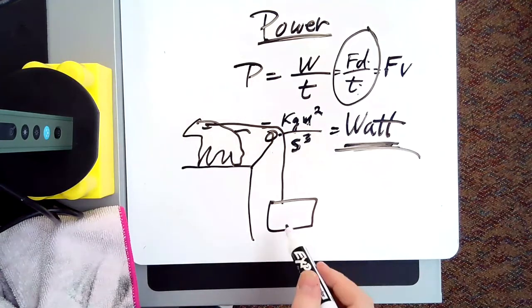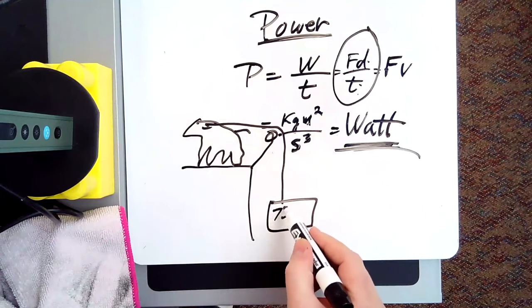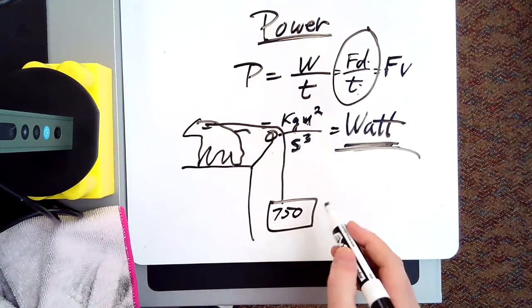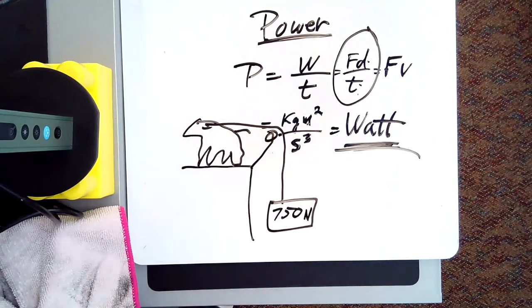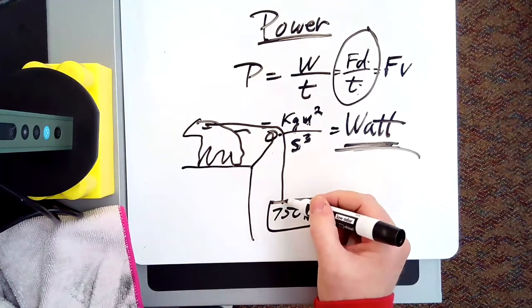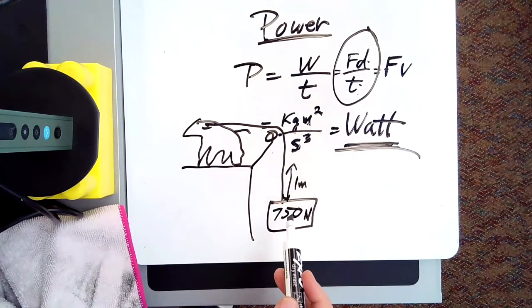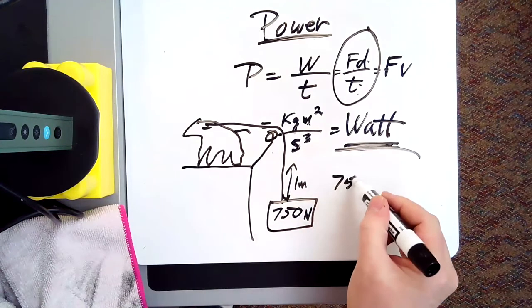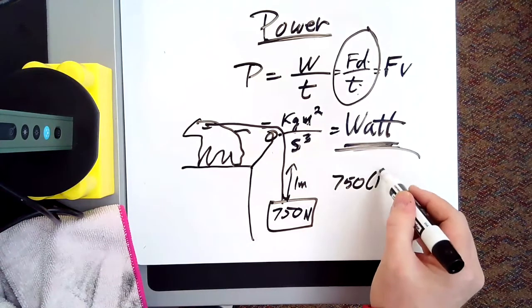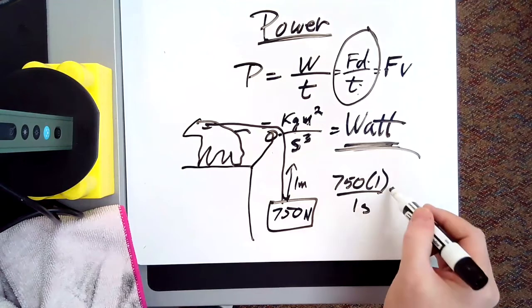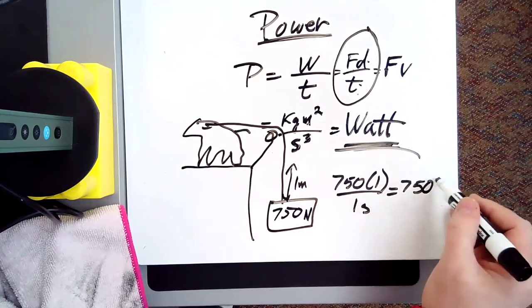Okay? And they did testing with horses, and they found out that an average horse could lift 750 newtons of weight 1 meter, and it took them 1 second. So 750 newtons times 1 meter divided by 1 second is 750 watts.